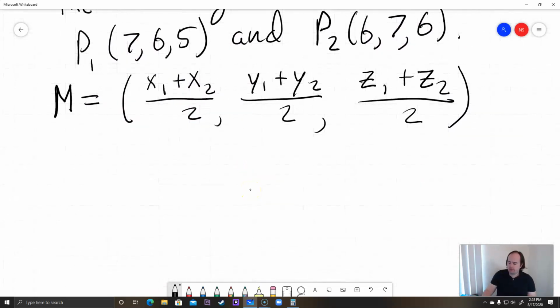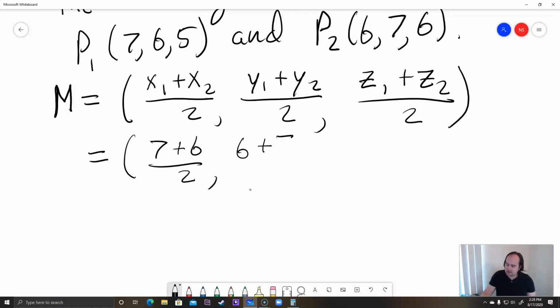So here for our midpoint, we're calling it M. We have x1 plus x2, so that's going to be 7 plus 6 over 2. y1 plus y2 is going to be 6 plus 7 over 2. And then z1 plus z2 is going to be 5 plus 6 over 2.